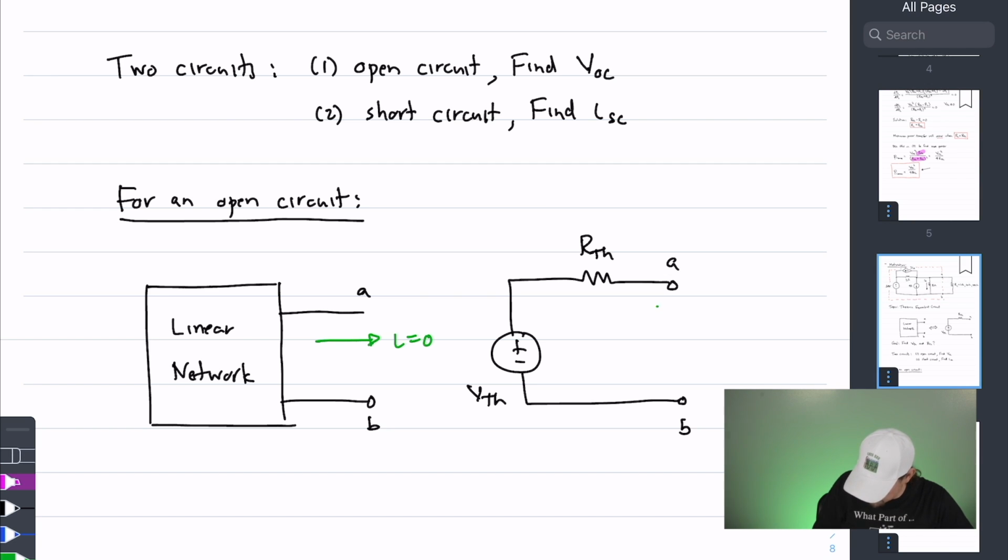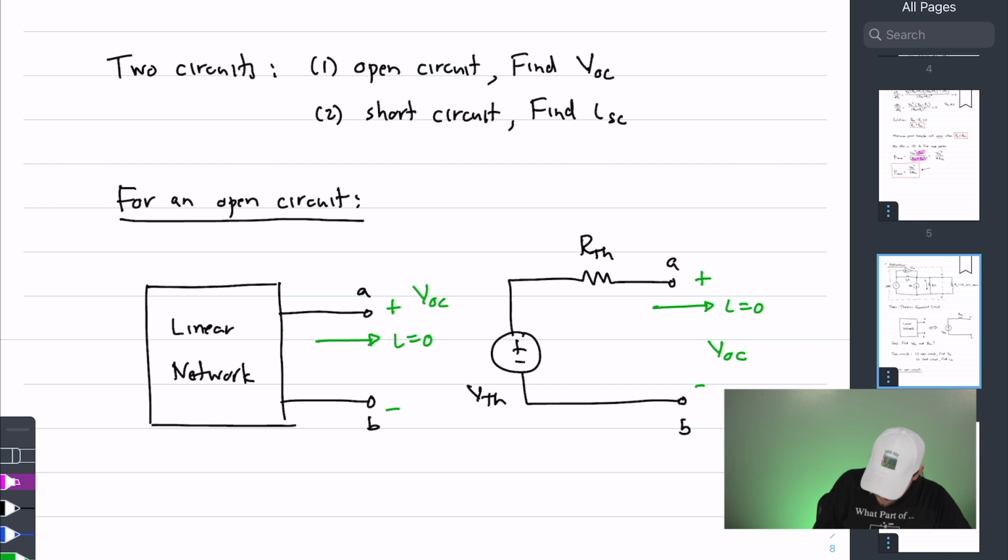And notice that it happens to match with the current that flows out this way with the Thevenin equivalent. However, there is a non-trivial voltage, called the open circuit voltage, between the terminals A and B, like so. Since these are equivalent circuits, there is an open circuit voltage over here that we can find.